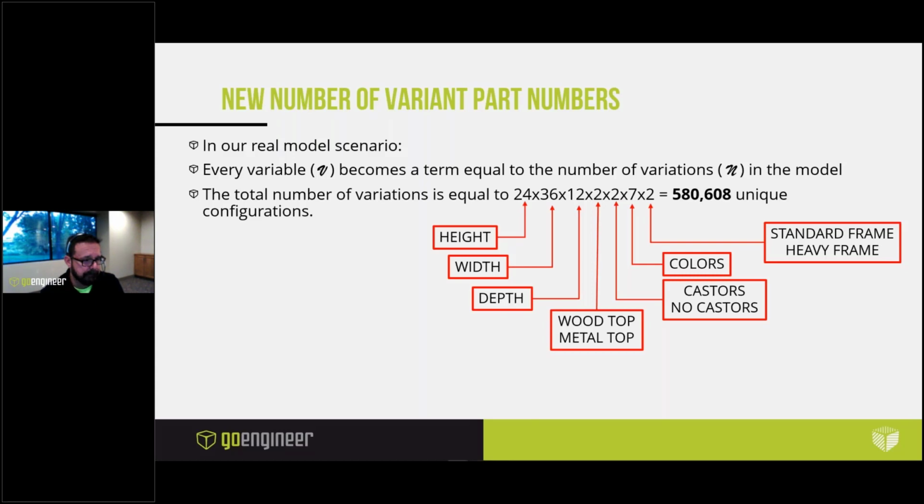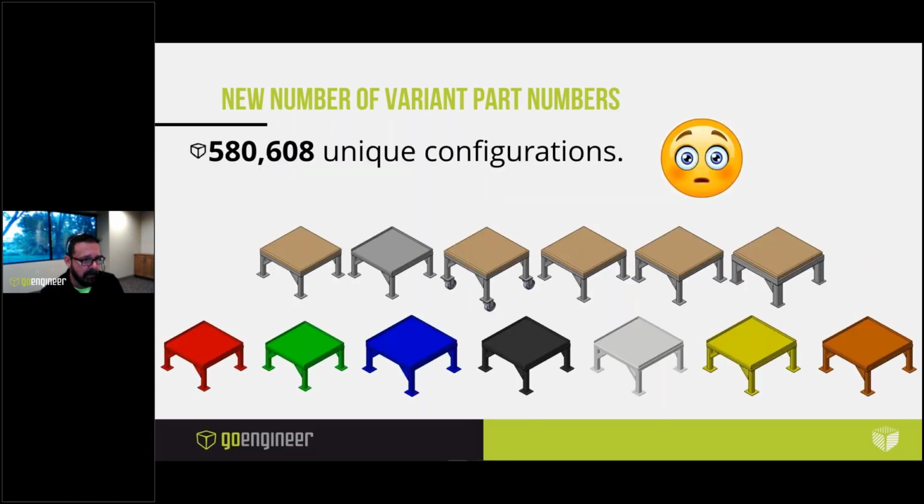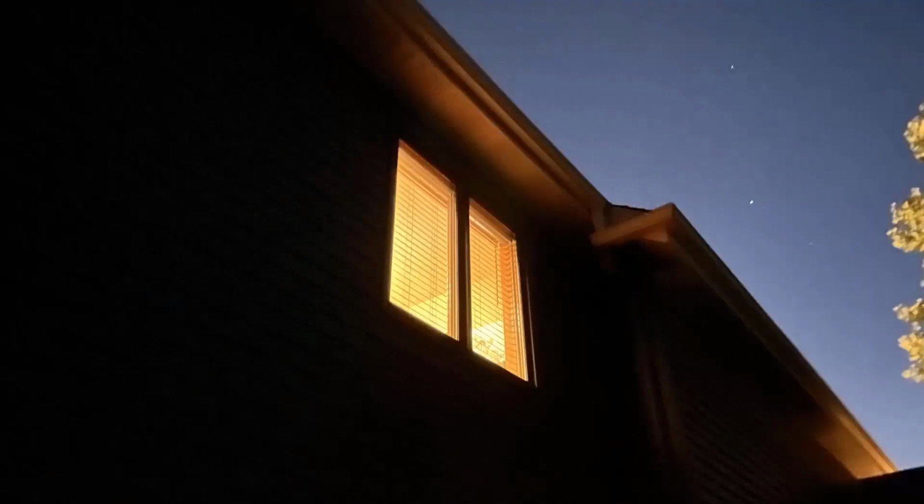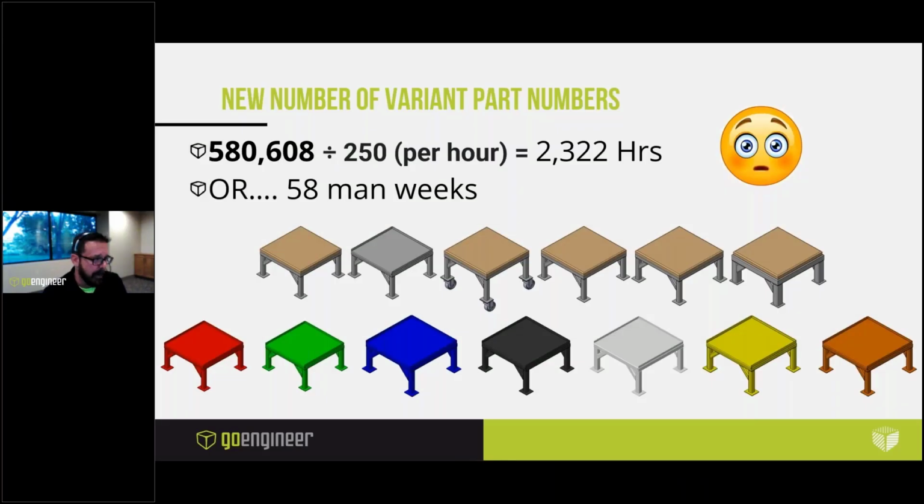So that's a lot of work. We talked about how long it was going to take me to create the full 10,000 variants, and even if I put in that massive amount of OT and work nights over the weekends, we're talking about over 2,000 hours, 58 man weeks.